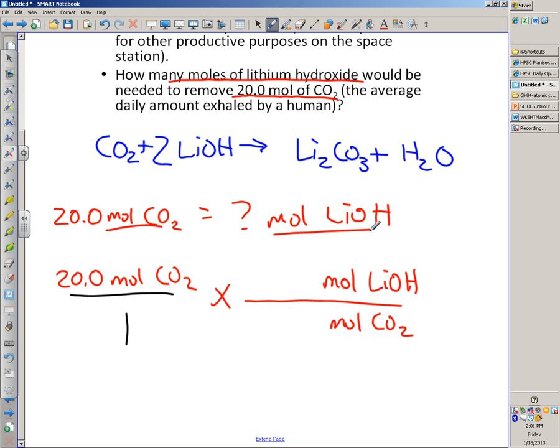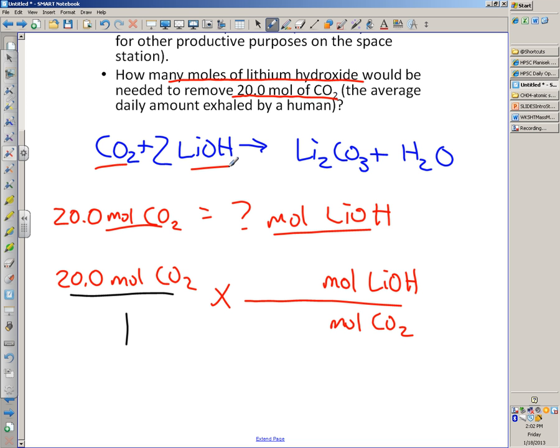Okay? This conversion factor is comparing one part of the equation to another, specifically one reactant to another reactant. What did we say the equation does for us that allows us to compare one part of the reaction to another part of the reaction?